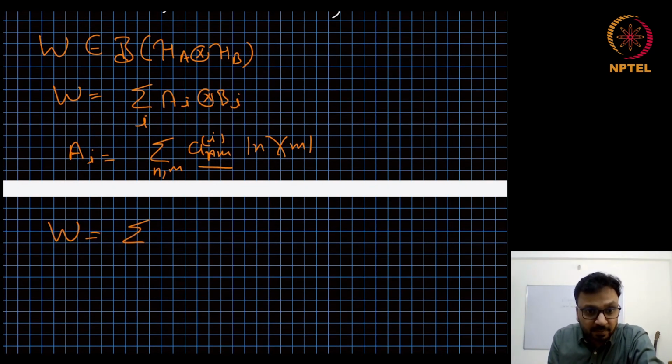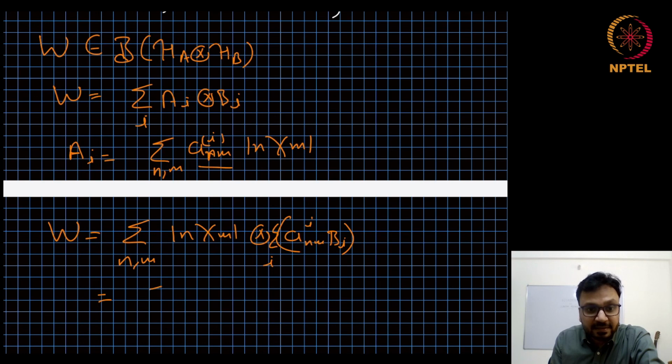So W becomes sum over n, m, i. If we substitute for A_i here, then it will be |n><m| tensor a_i,nm B_i. The summation over i can go inside this.